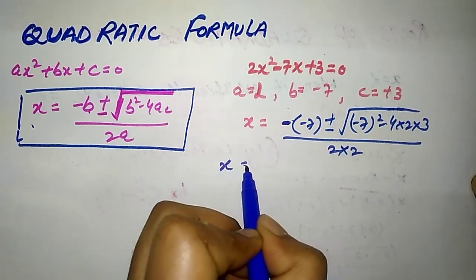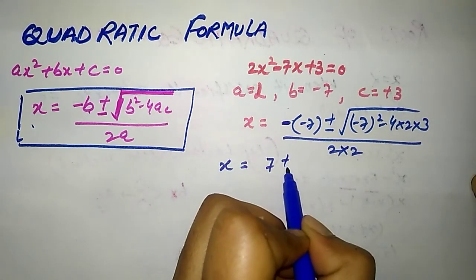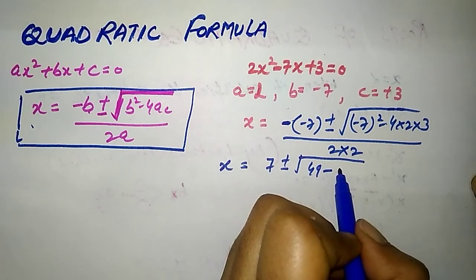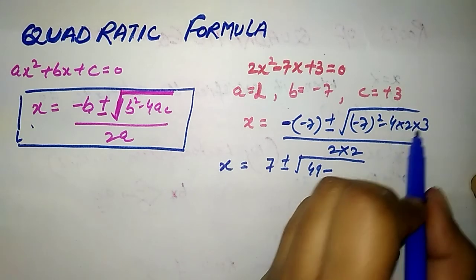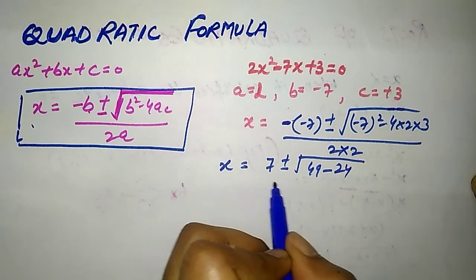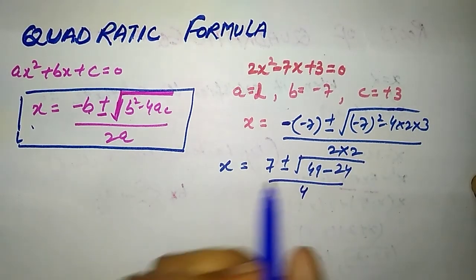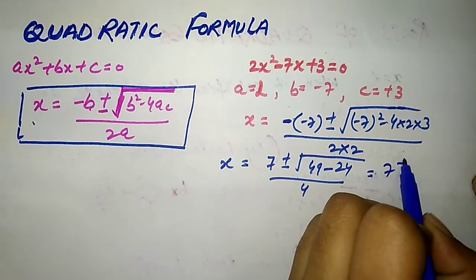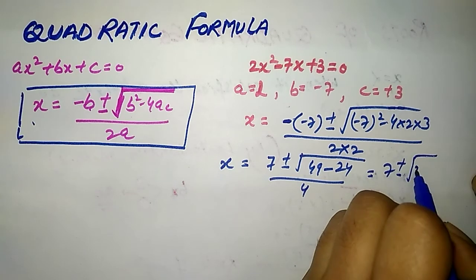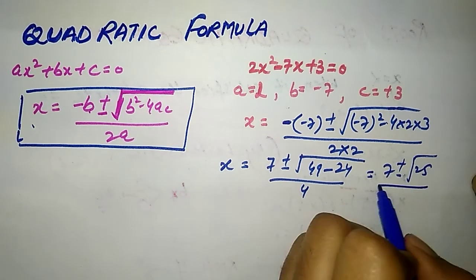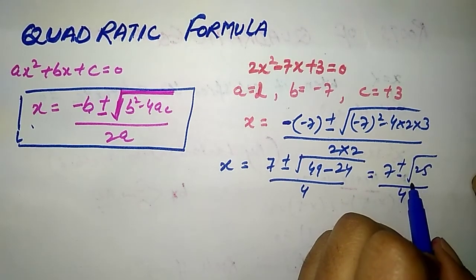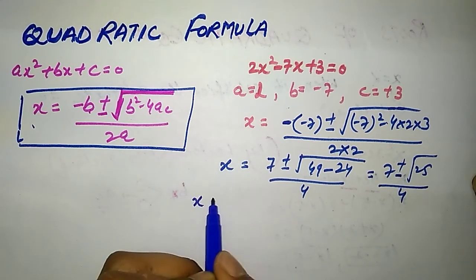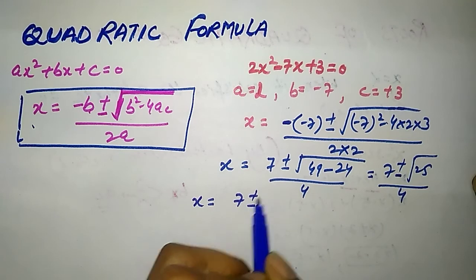Now we have 7 plus minus root of 49 minus 2 4s are 8, 8 3s are 24, upon 4. After a little simplification we get 7 plus minus root of 25 upon 4. Now we know that the square root of 25 is 5. So we have x is equal to 7 plus minus 5 by 4.